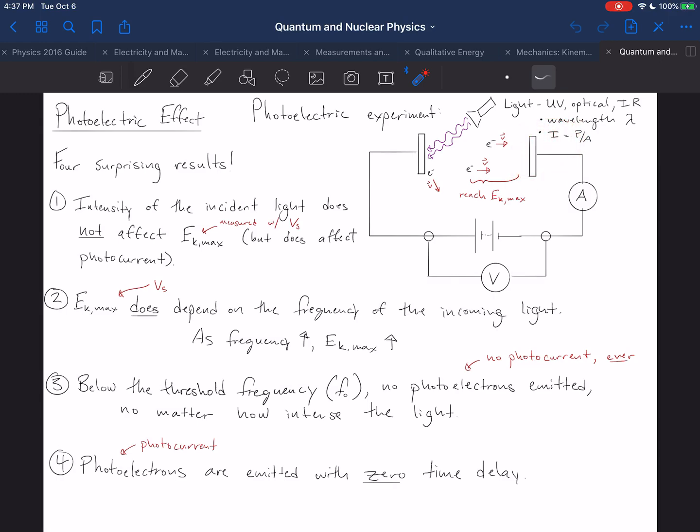But as it turns out, there is zero time delay in all of these cases. And it's important to recognize that all four of these results can be explained, but all four of them are surprising on the wave theory that will be discussed in the next video.